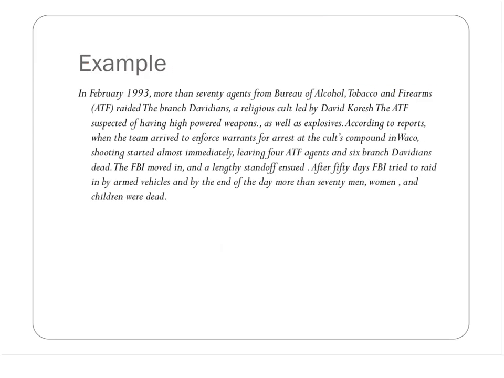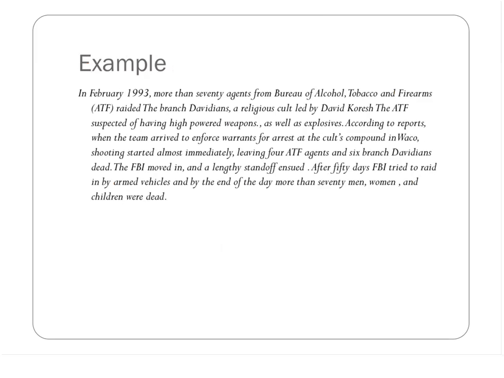So another example. In February 1993, more than 70 agents from the Bureau of Alcohol, Tobacco, and Firearms raided the Branch Davidians, a religious cult led by David Koresh, suspected of having high-powered weapons as well as explosives, according to reports.